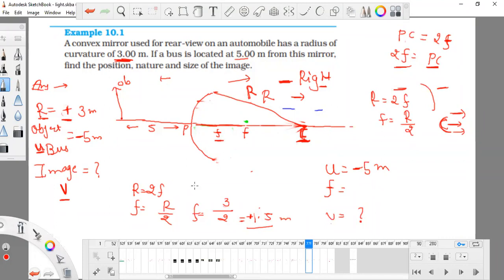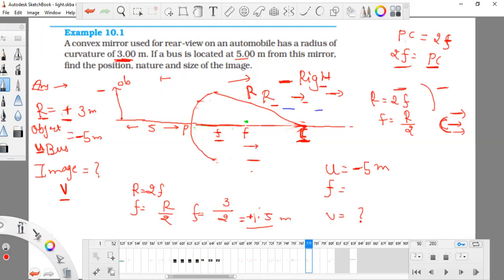You can understand that it is possible you will make a mistake, and most of the time students make a mistake when they get confused about right and left side. So don't ever do this. Everything of a convex mirror resides here, only the object resides here, everything else will be at the right side. So we have to use F as positive, because if we find F from this R, and R is at this side, then definitely F should be at this side.